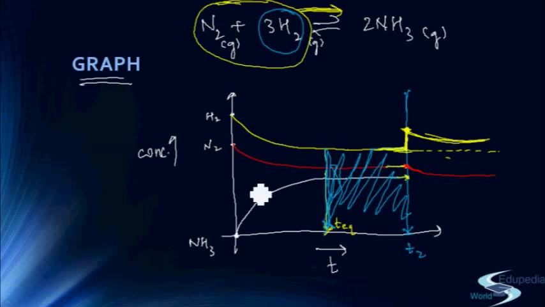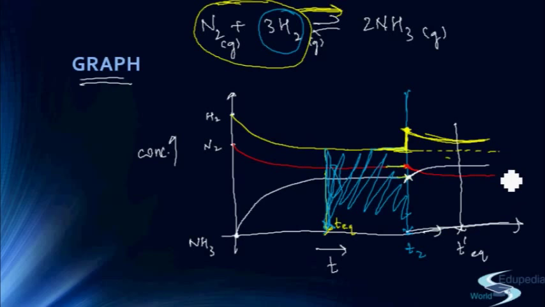Though I did not change the amount of ammonia at T2, it will start increasing before becoming constant. This is how the graph changes, and this is where the new equilibrium state is achieved. Then once again your system continues at equilibrium.